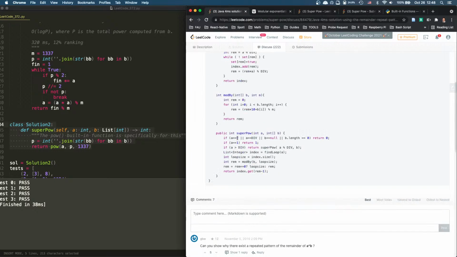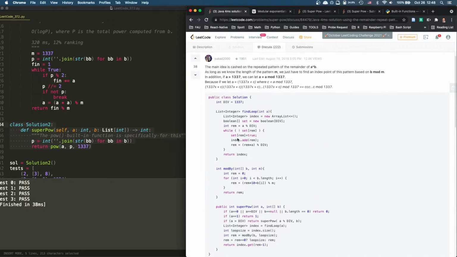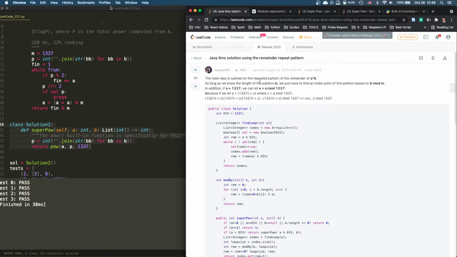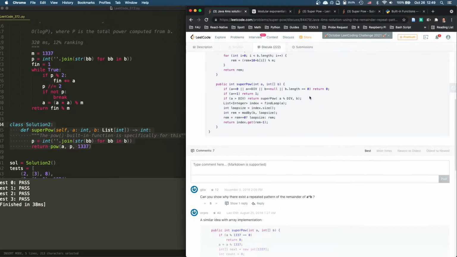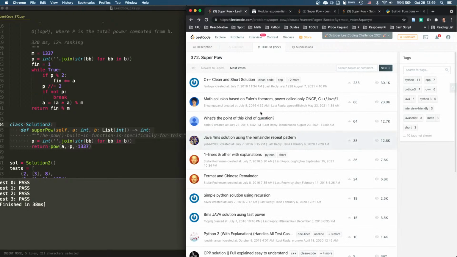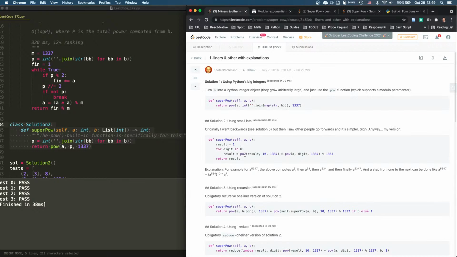Remainder repeat. Repeated pattern. Yeah, I was on here, but I timed out. Small int. Hold on.